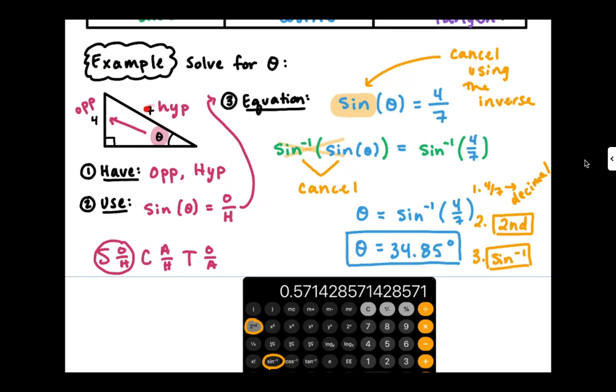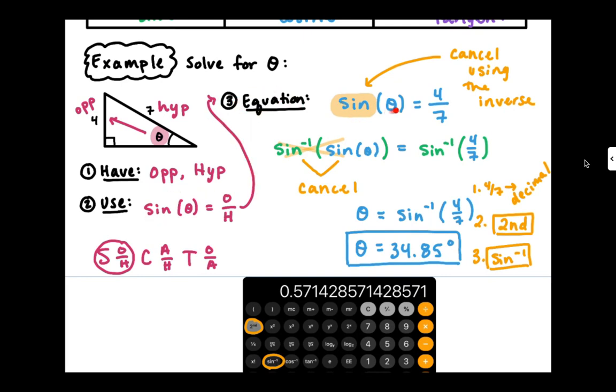Those sides were labeled. We used that to figure out that we wanted to use sine to write our equation. And if you need to reference SOHCAHTOA, you can do that. We were looking for which trig ratio involves the opposite and the hypotenuse. Once we figured out we needed sine, we came up to write our equation.